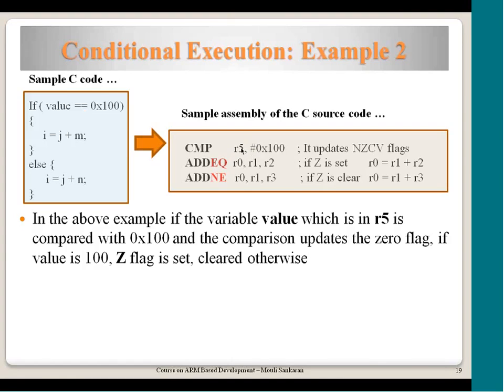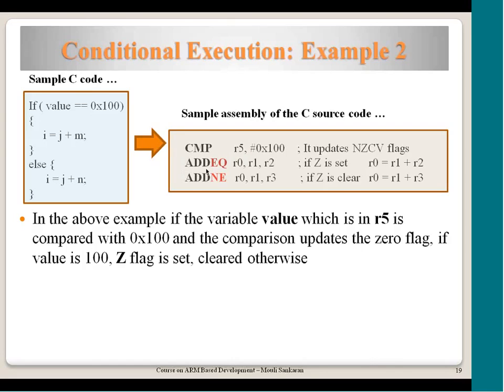So the R5 value is not impacted. Anyway, you will know more about this in a subsequent lecture, but just for continuity's sake, I am saying that by executing this instruction, it has impacted the CPSR values, the conditional flag values, not other values.